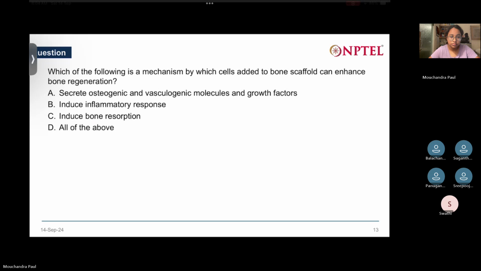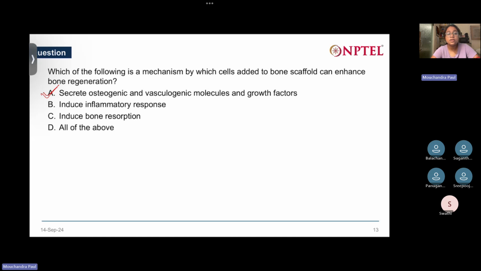Option A, yes, you're correct. We want the cells to secrete the essential osteogenic and vasculogenic molecules so that the process of osteogenesis, the new bone formation, can happen, and vasculogenic molecules can help in growing new blood vessels, right?